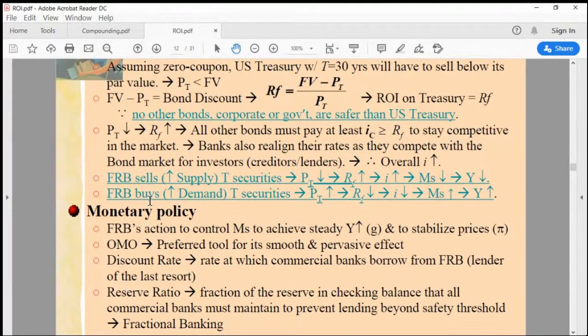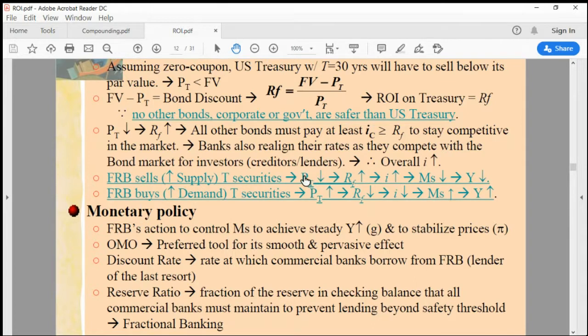So the Federal Reserve is like a window, like a broker for the U.S. Treasury Department. So through the Reserve, they sell Treasury securities. And suppose the Federal Reserve sells more Treasury securities, what's going to happen to the price? The price will go down. The selling price of the Treasury will go down.